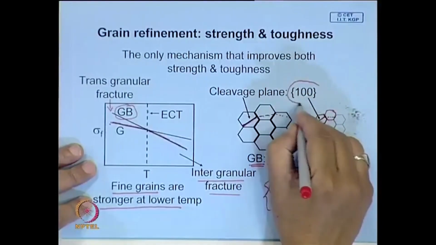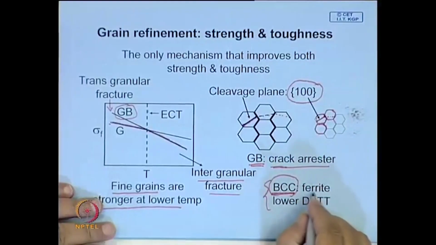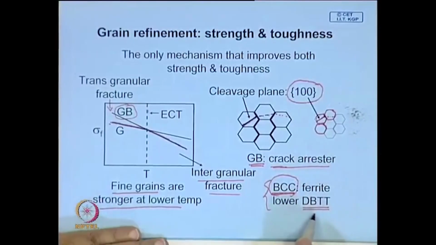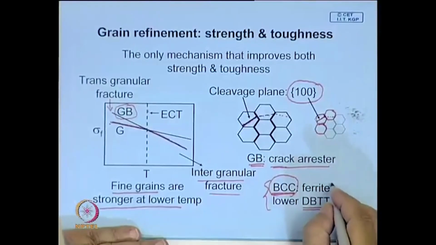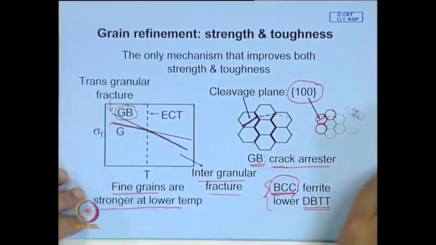So, this is a plane on which a crack can propagate easily, and it is also characterized by a ductile to brittle transition temperature. We did talk about it earlier, and if you can make the grain finer, you can lower the ductile to brittle transition temperature significantly.